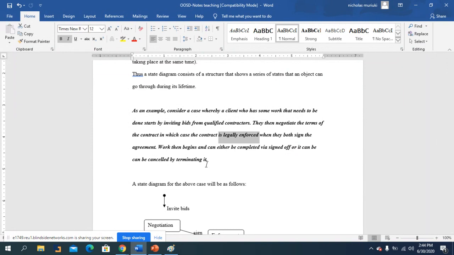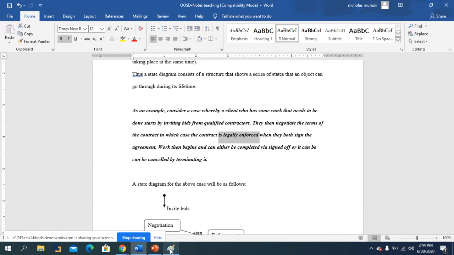One is that work begins, because we have already negotiated and the terms are now acceptable. Within that, it can either be completed via signing off, or it can be cancelled by terminating it.